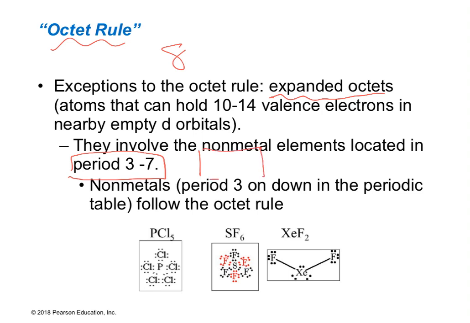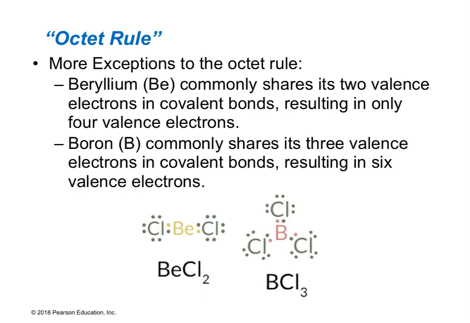So if this is the periodic table, and here's period 3, all the elements in period 3 and all the way down to the bottom of the periodic table can expand the octet. So here are some common examples that let you know what it looks like. Here, phosphorus has 10 valence electrons. Here, sulfur has 12. And here, xenon has 10.